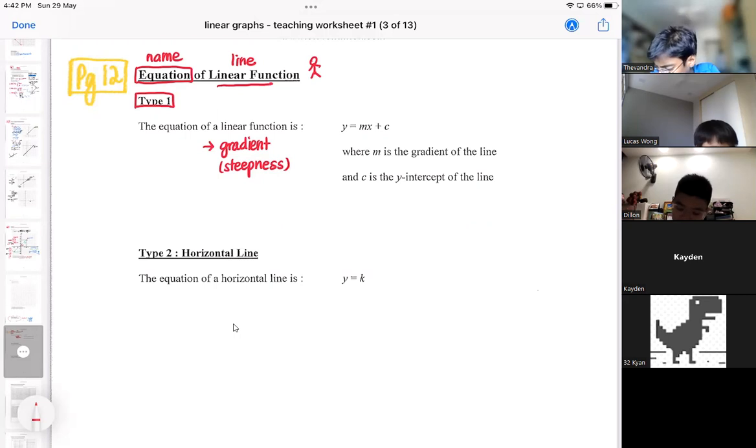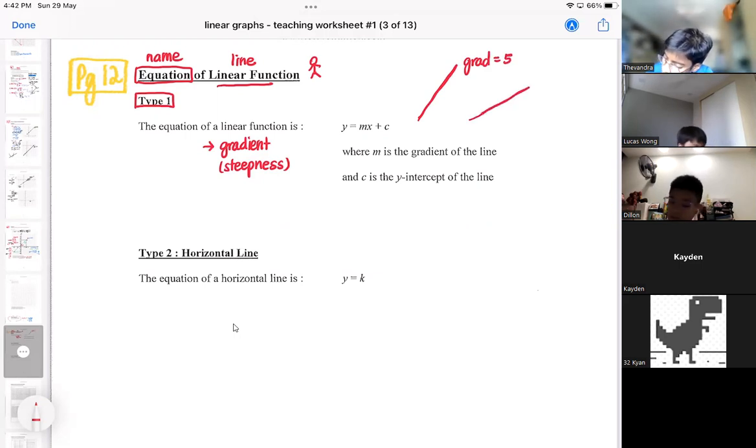For example, if I draw this line here, maybe I will call it gradient 5. This line is quite steep. If I draw you another line here, this line doesn't look so steep. It's a bit flatter. Imagine a mountain. If I ask you to climb this mountain, I think you'll feel a bit scared.